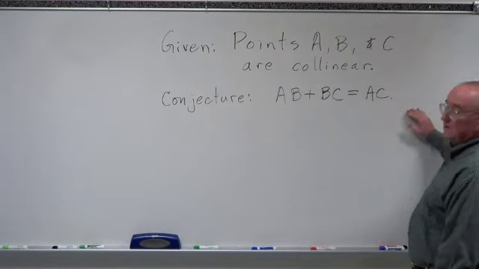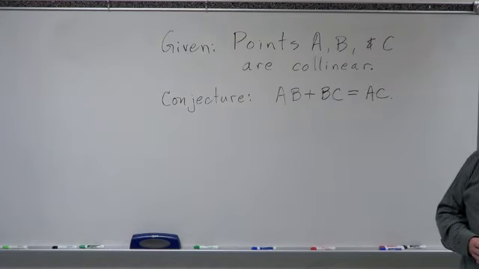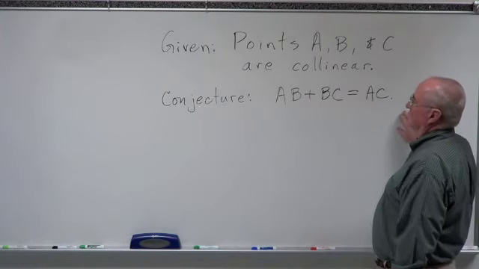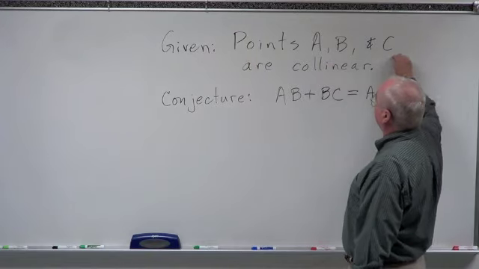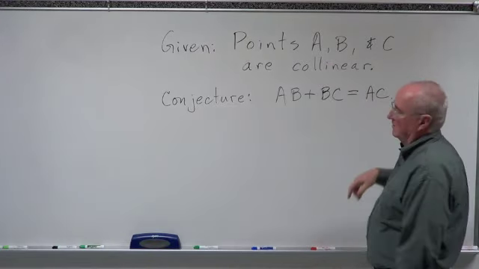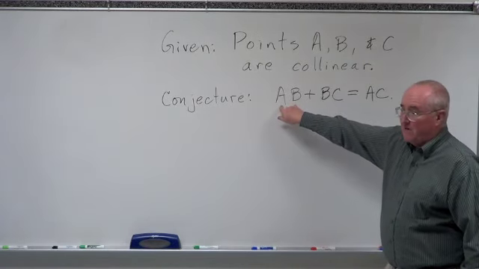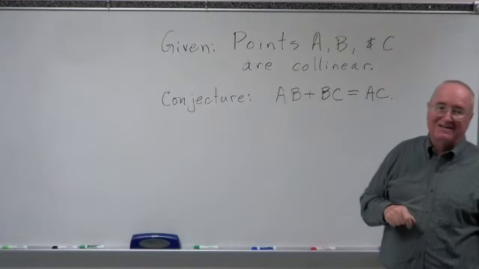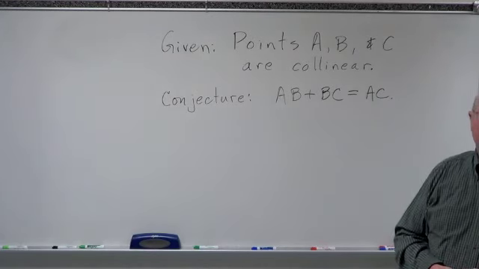Can you give a counterexample to that? Can you draw something that would show this is not true? Based upon this right here, points A, B, and C are collinear, they're making the statement. We believe that segment AB plus segment BC equals segment AC. See what you can do with that.